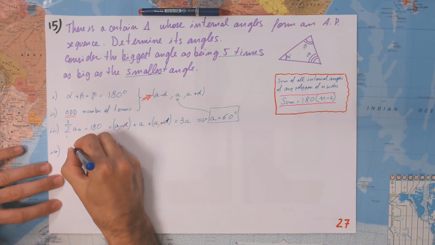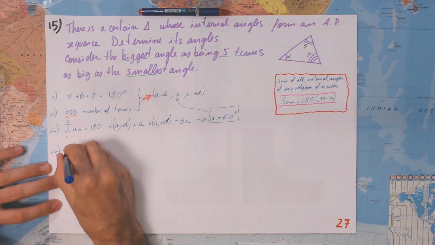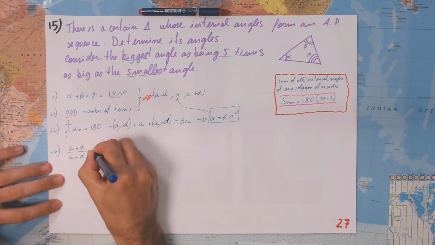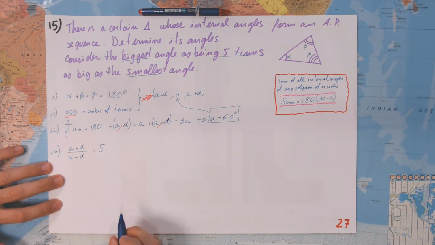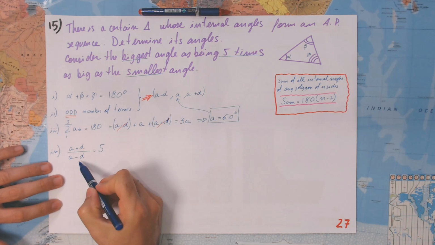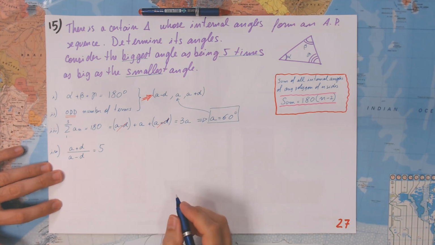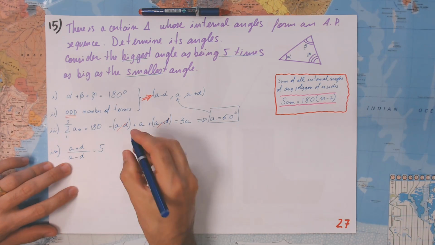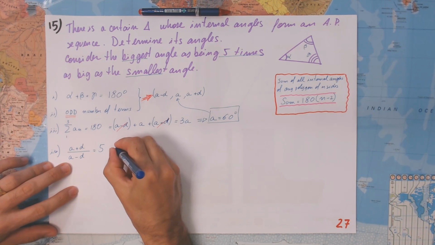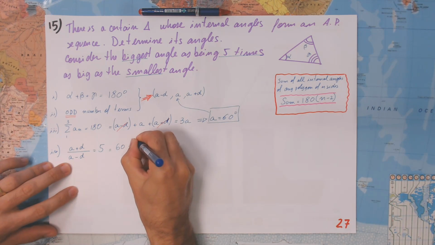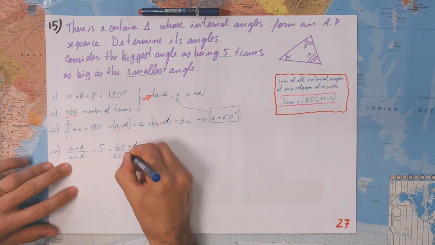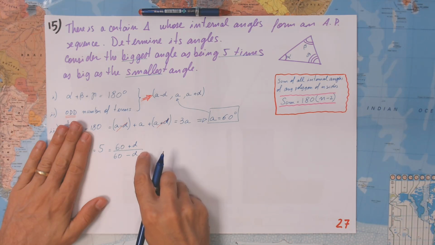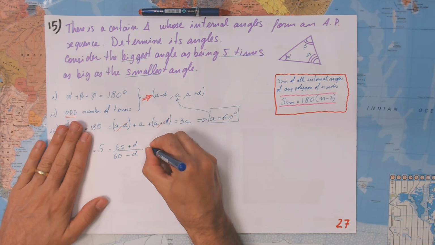That if you take the biggest angle and divide by the smallest one, this is going to be 5. The ratio between the biggest and the smallest is going to be 5. But we already know what A is, right? A is just 60. So 60 plus D and 60 minus D. Well, just look at these parts. We just have one variable, very easy to solve.